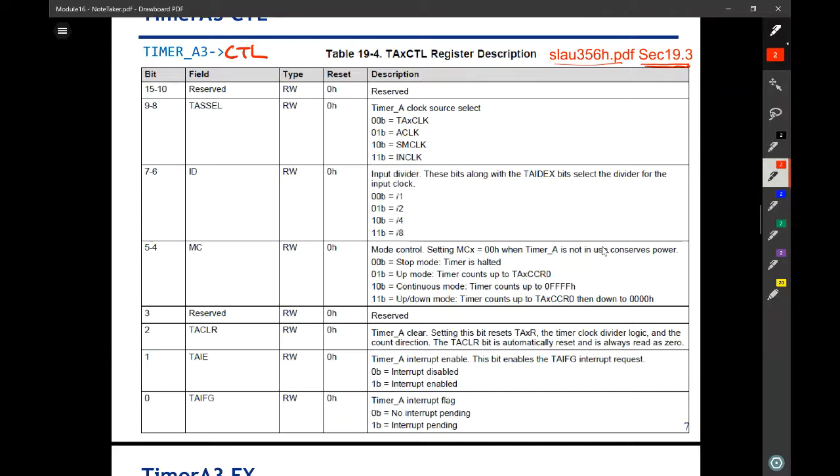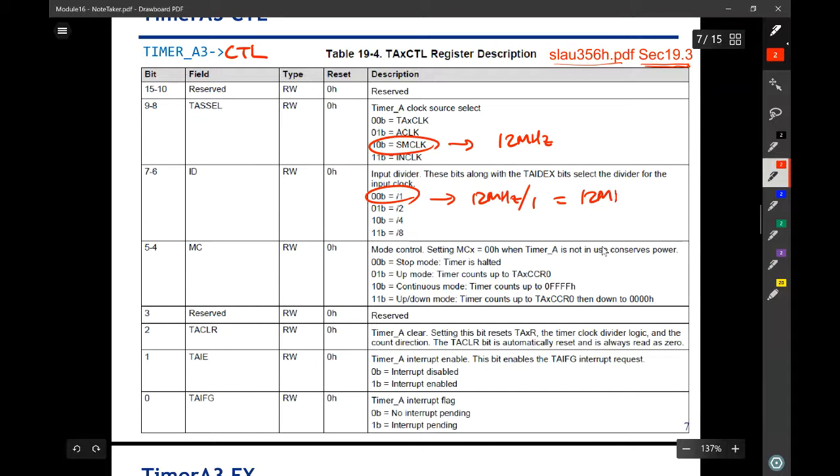So first, we need to choose SM clock. That gives us 12 megahertz, and the input divider is going to be just divided by 1. So 12 megahertz divided by 1 gives us 12 megahertz, right?